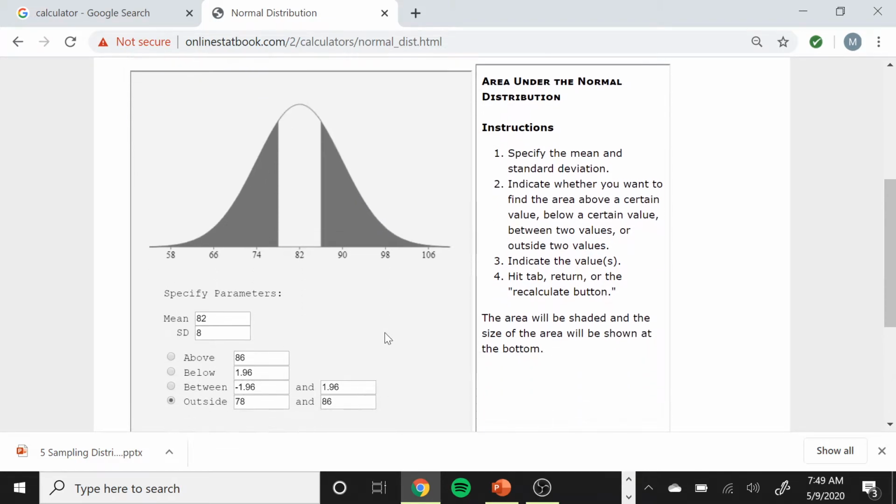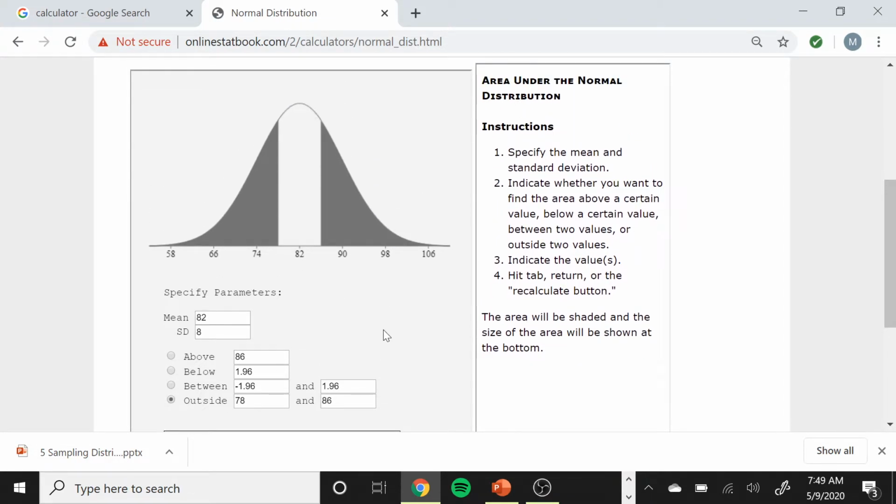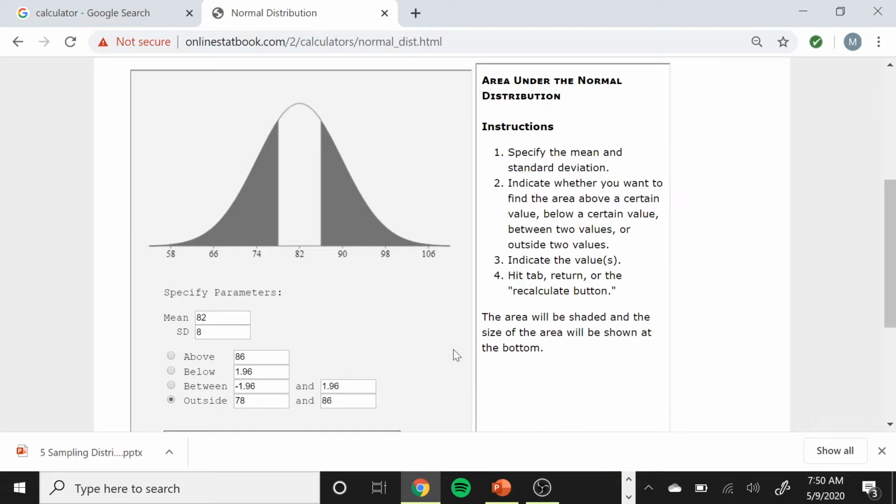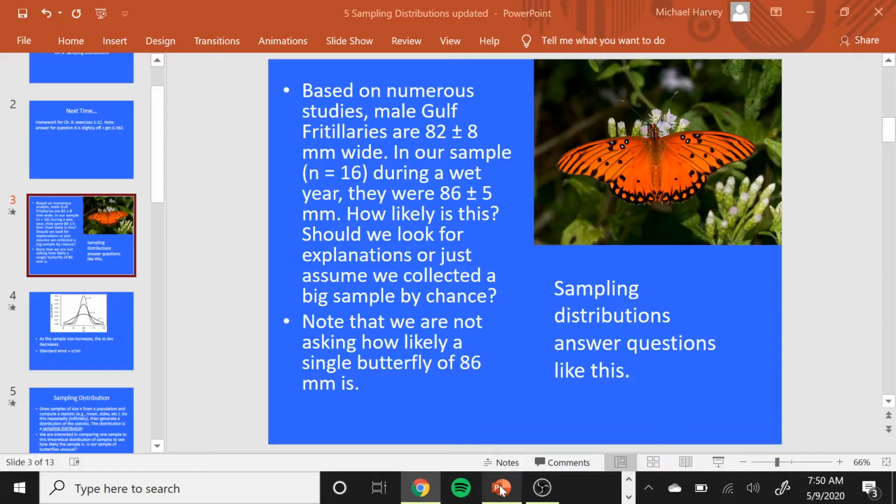Assuming that nothing is going on in the Gulf fritillary population, it's fairly likely that from time to time we would get single butterflies that are either bigger than 86 millimeters or smaller than 78 millimeters. There's about a 62% chance of that. So that's pretty likely.